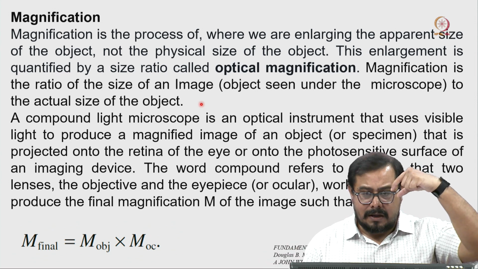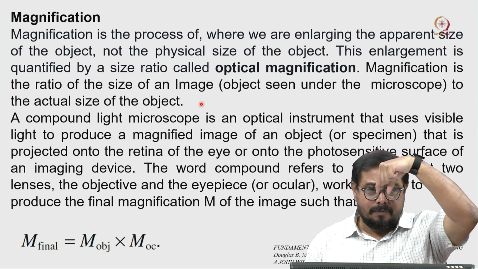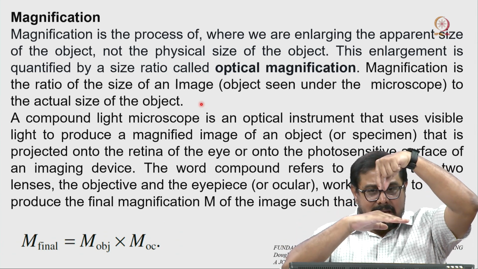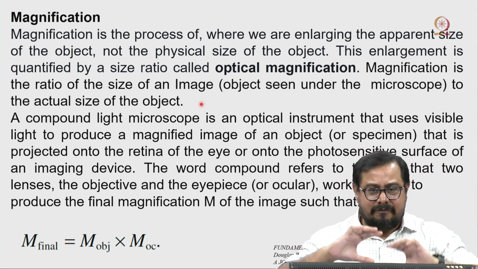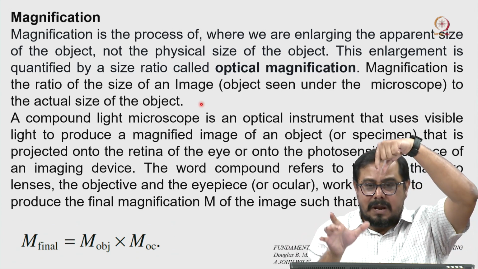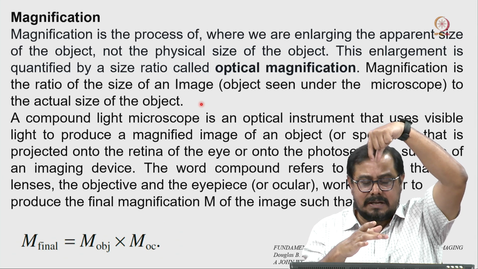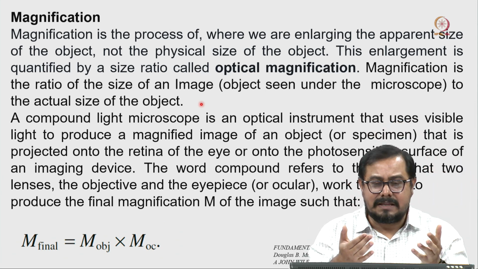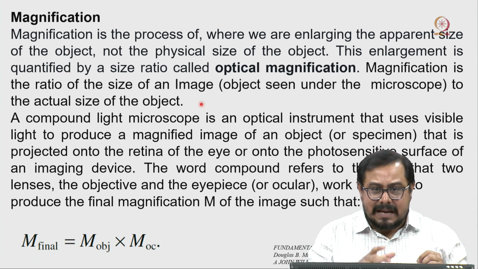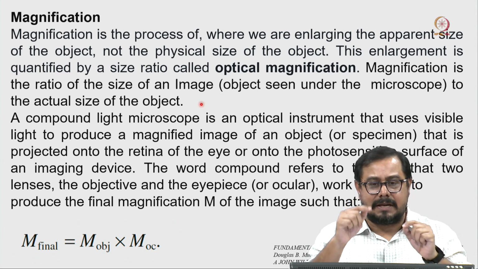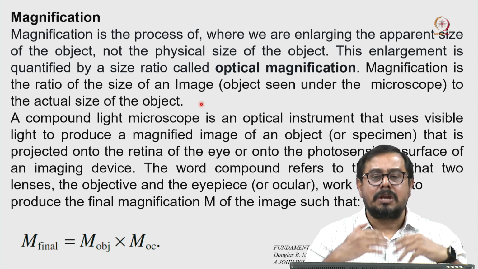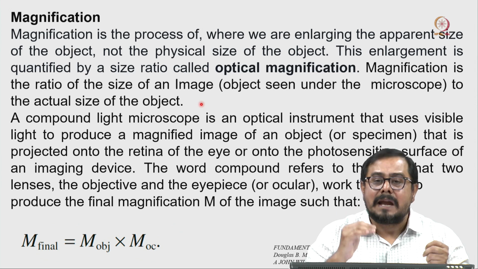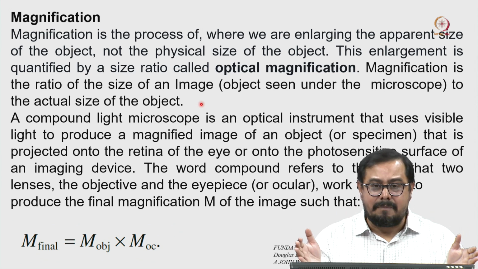Say we have an object and the size of the object is 1 centimeter, and then we are using a lens which is magnifying this small object, and we are getting an image of this object which is 10 centimeter. So how much are we magnifying that image? If we take the size of the image, that is 10 centimeter, and divide it by our object size, that is 1 centimeter, we will get a 10 times magnified image.